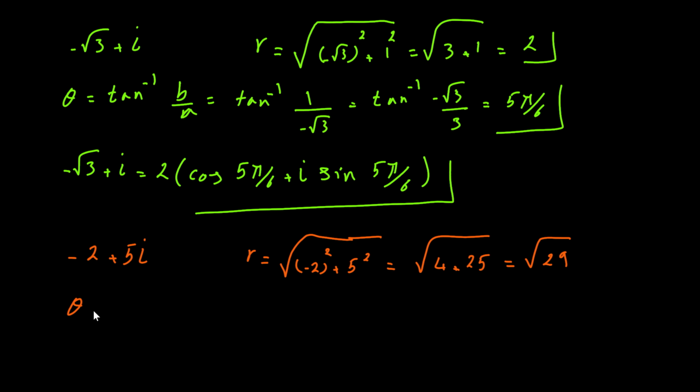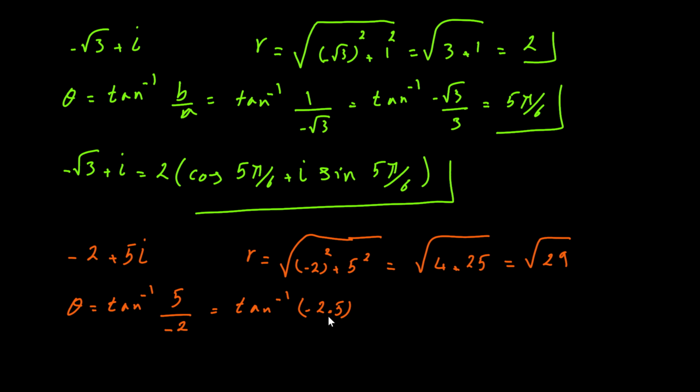And then I've got to do theta. Theta is tangent inverse of b over a, so 5 over negative 2. For this one, it's not one of those angles that we could say what it's going to be.